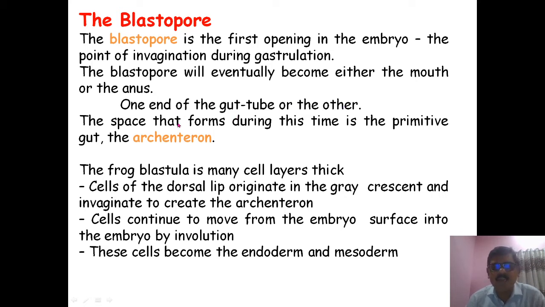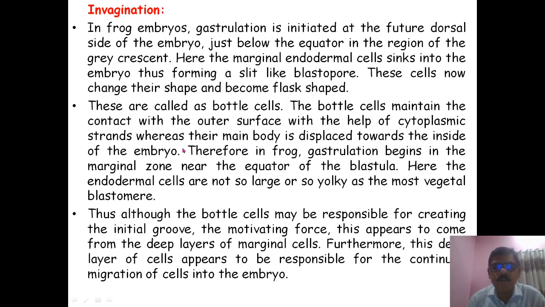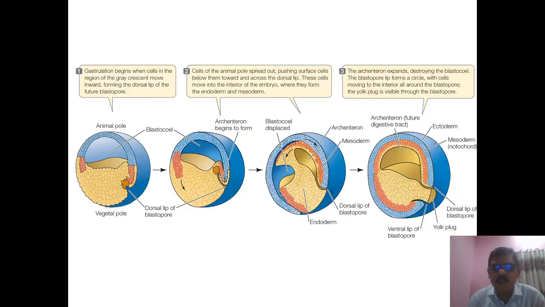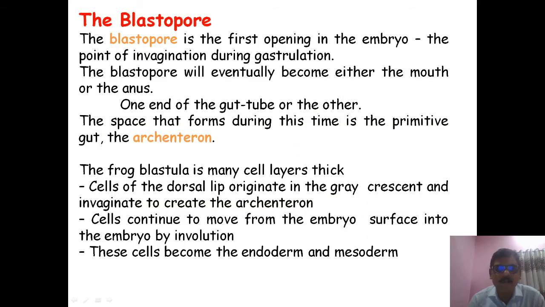The space that forms during this time is the primitive gut, or Archenteron, meaning the tube which will get formed during the process. This is the tube. This is the cavity, the Archenteron cavity, and this is the tube, and this will be the anus, and this is going to form the digestive tract, which we call the gut.